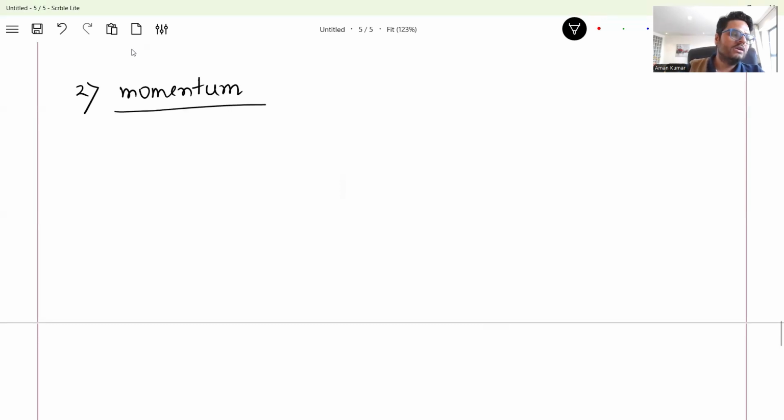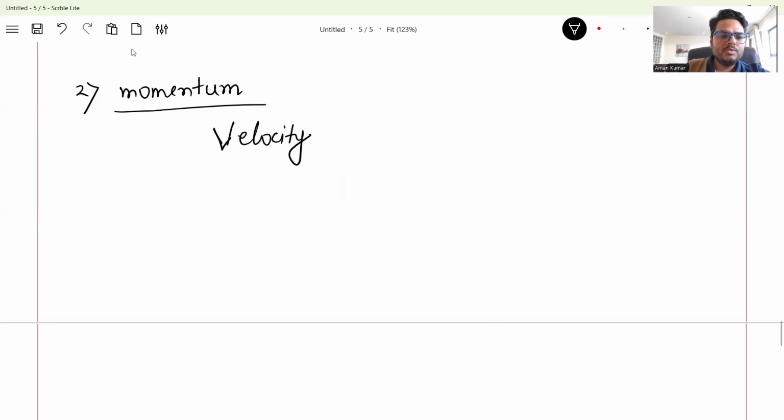And that slight addition is the concept of something known as velocity. Okay, so I will just write the formula of momentum here and then I will explain how it is different from normal gradient descent.